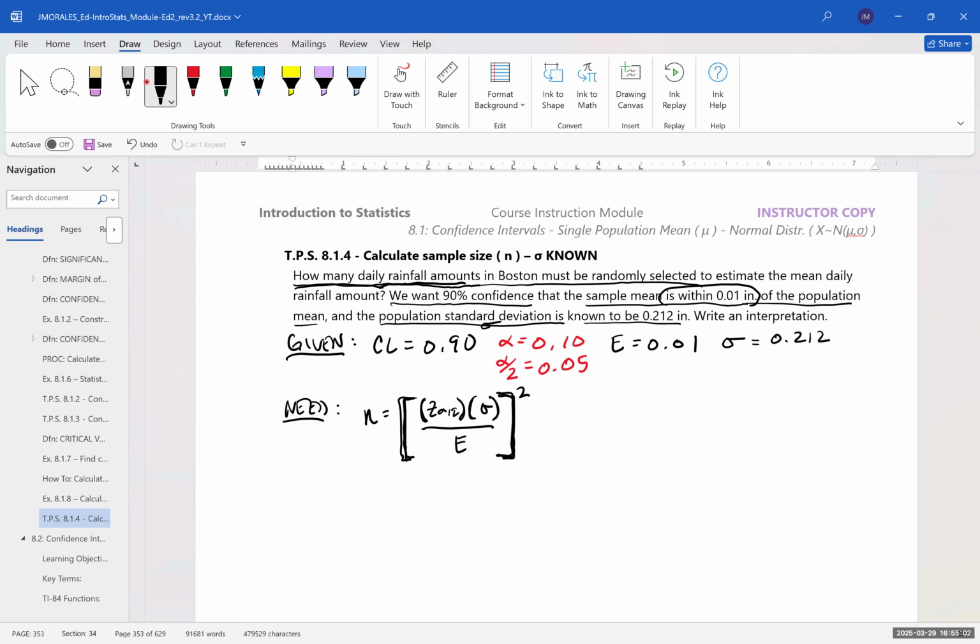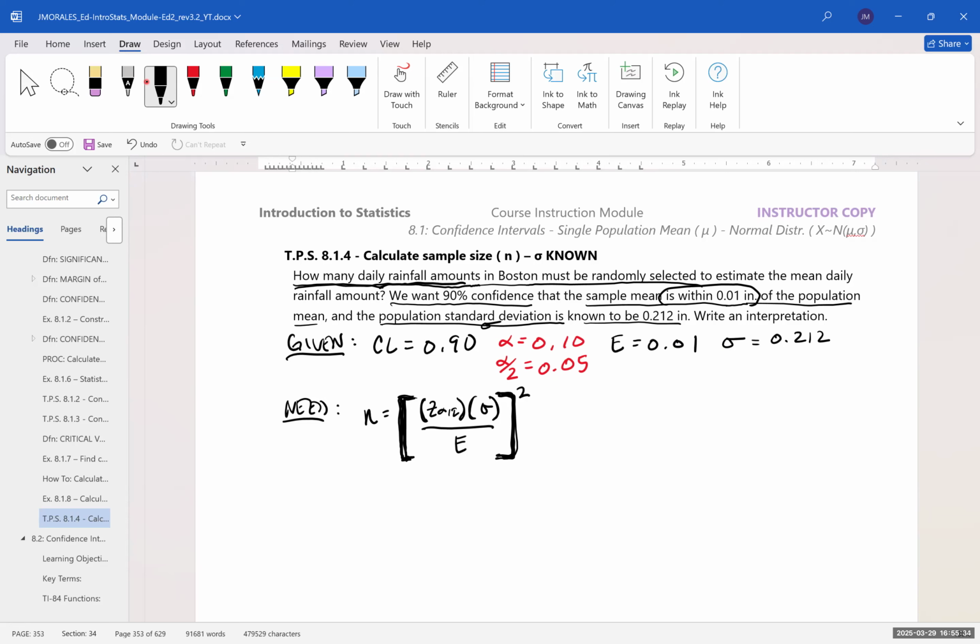You don't want to use brackets on your calculator because brackets on your calculator refers to matrices, and matrices is something that you'll learn about in higher math classes. So don't use brackets on your calculator when you're doing this kind of calculation. Just use parentheses. But I use brackets to denote different levels of grouping, and that's very common in mathematics.